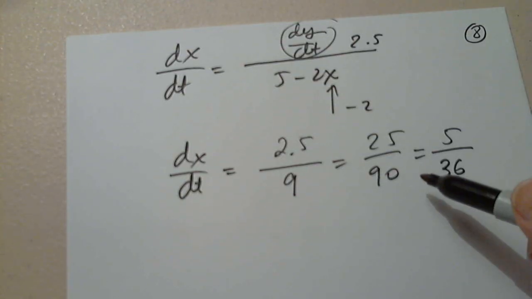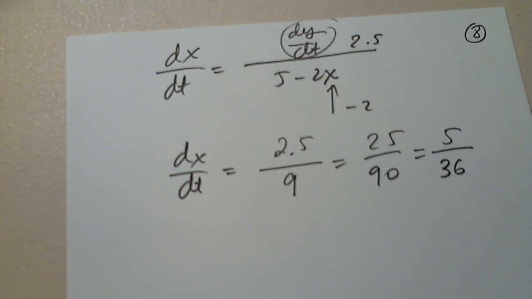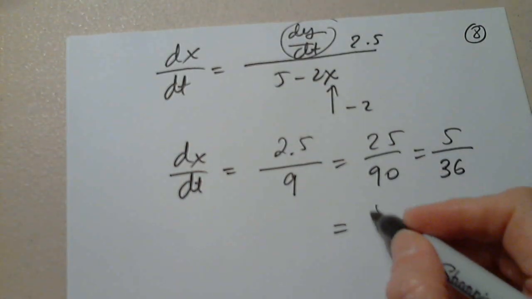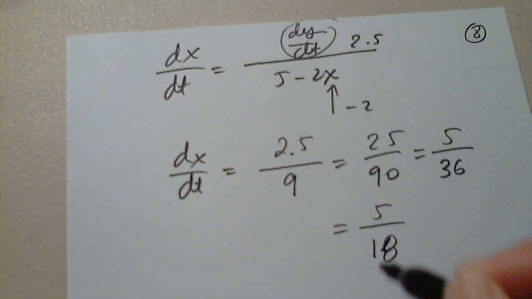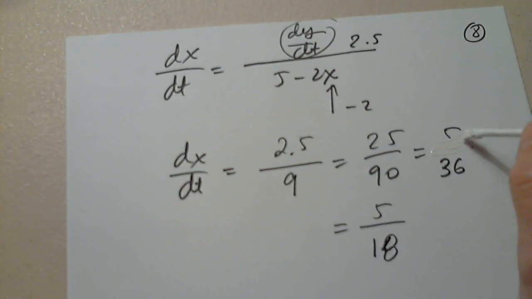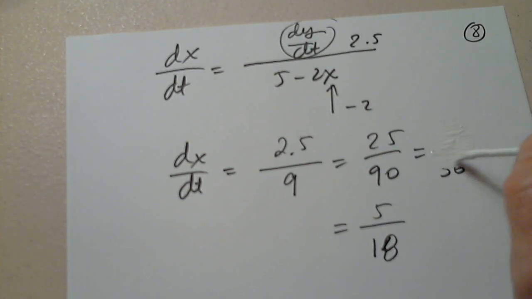Sorry, how did I get 36? I'm calculating something, but not what I see. We can approximate if we need to, but 5 over 18 is perfect.